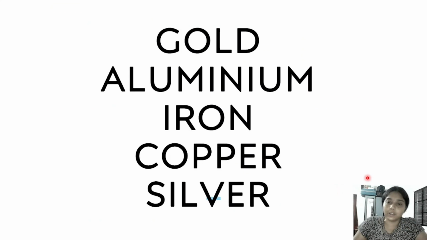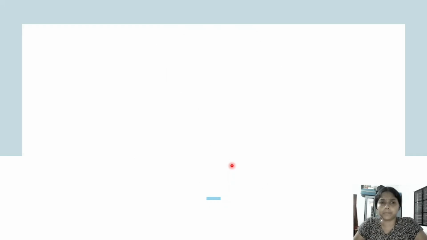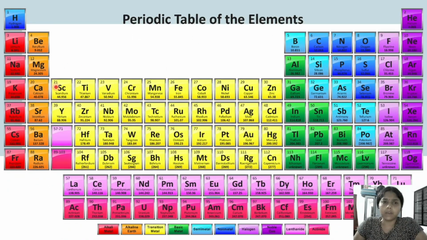Yes, there is gold, aluminium, iron, copper, and silver. Very good. So, are there only these elements present in nature? No, right? Have you seen this chart in the last page of your textbook? Yes, it is the periodic table of elements.